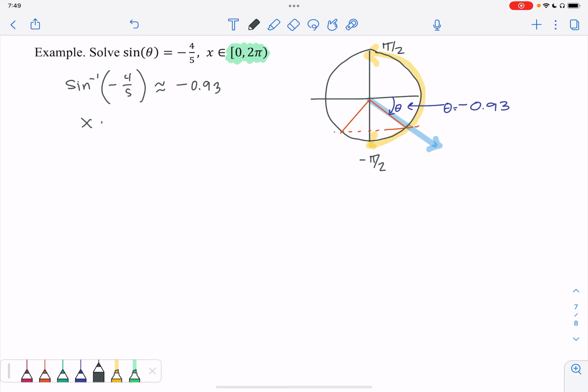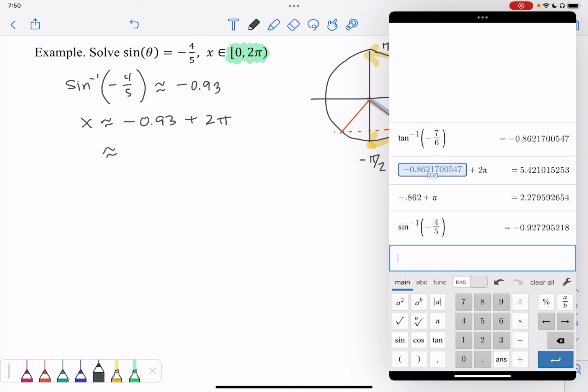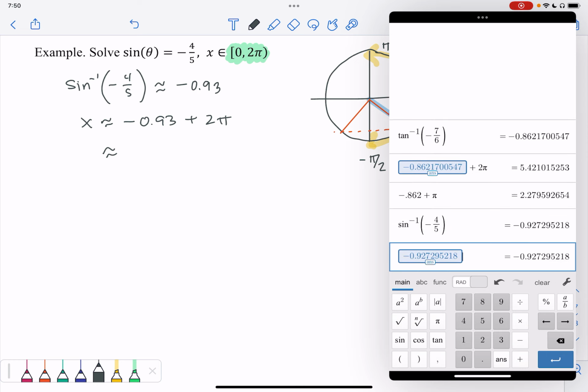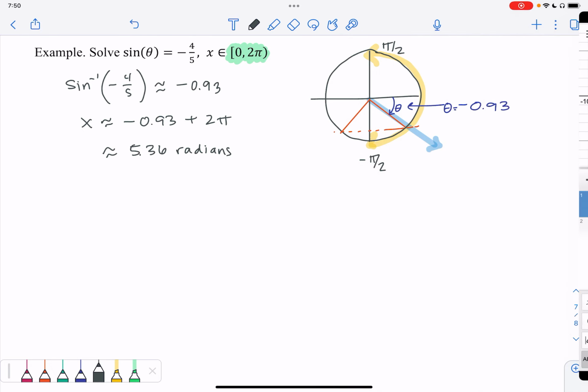I'm going to get x equals about negative 0.93 plus 2 pi. So the answer from the previous one plus 2 pi, I get about 5.36 radians.